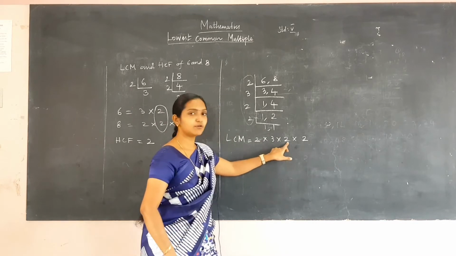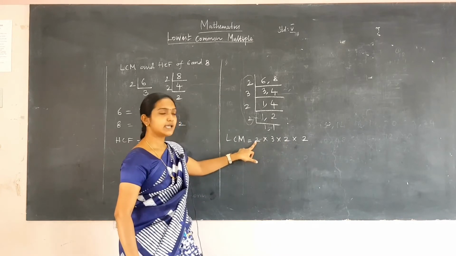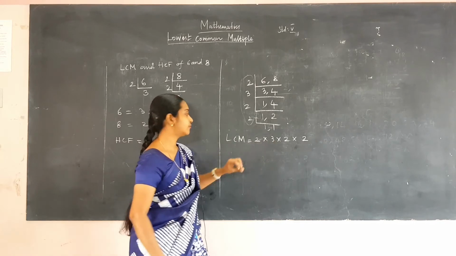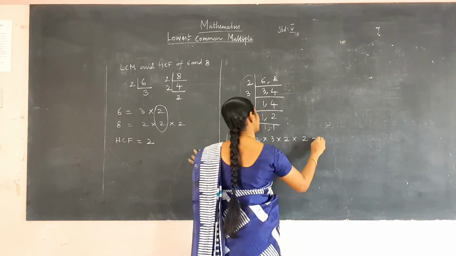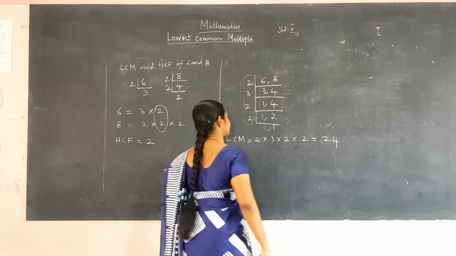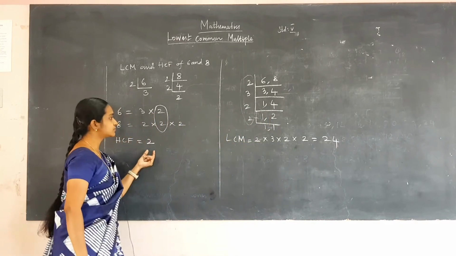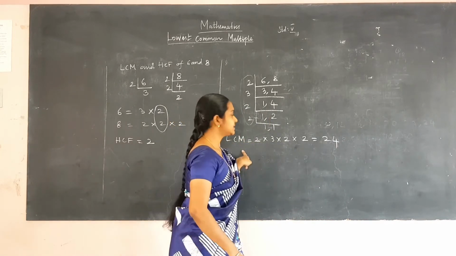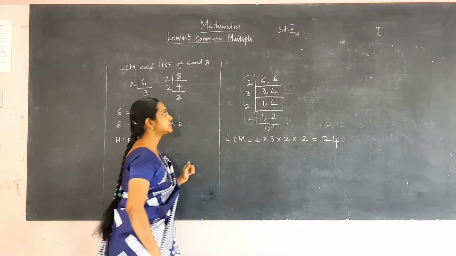So the LCM is 24. HCF is 2, LCM is 24 for the numbers 6 and 8.